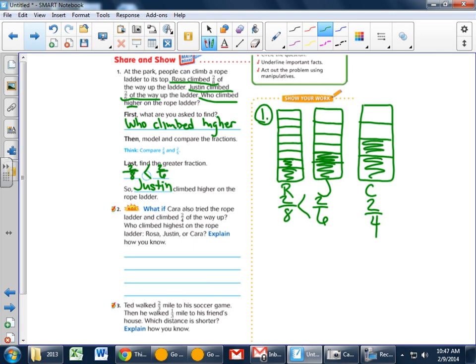Okay, so you can see that Carla climbed the highest, and it wants you to explain why. And you'll have something to say like, Justin climbed higher than Rosa since 2/6 is bigger than 2/8. And then you drew Carla next to Justin, which is 2/4, and it was more than what Justin had climbed. Okay, so put those into your own words.